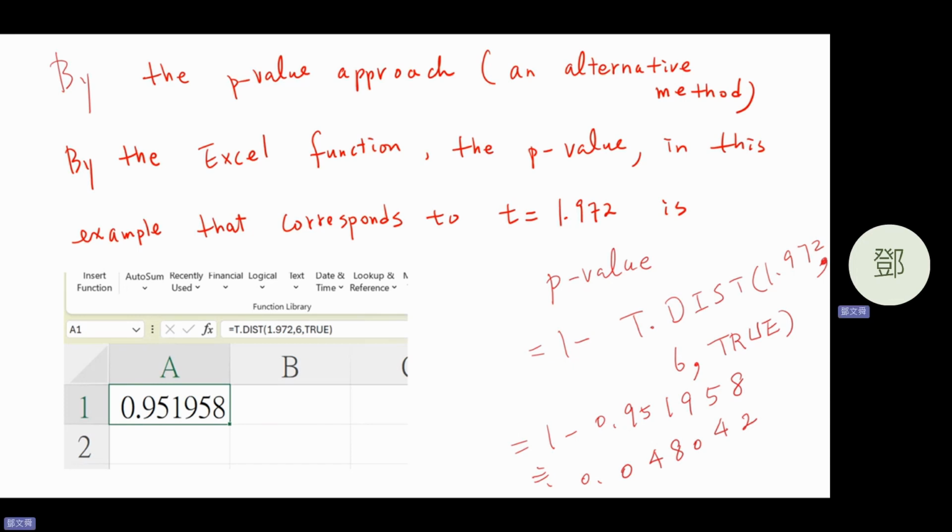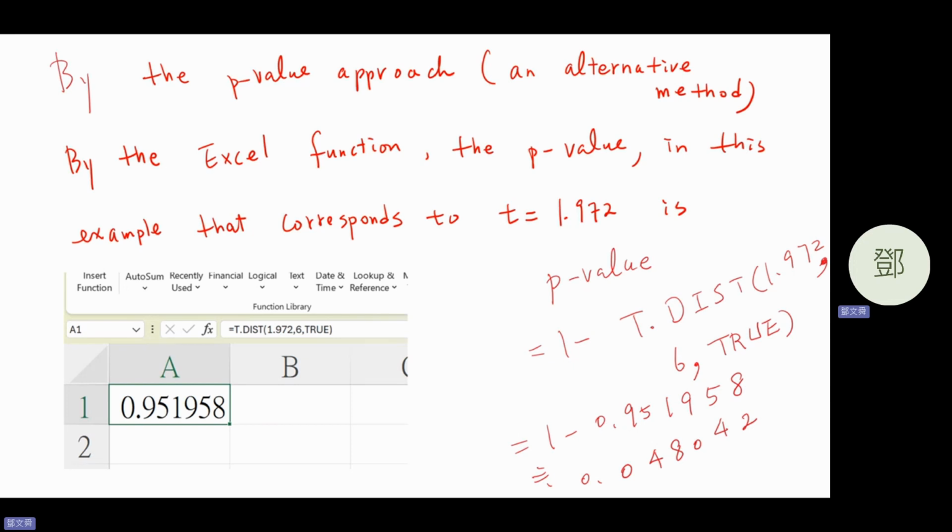If you wanted to reject the null hypothesis, the p-value has to be smaller than alpha divided by 2, half of the level of significance. So the p-value is too big, not small enough, so the evidence is not strong enough to reject the null hypothesis. Understand? So that's the end of this example.